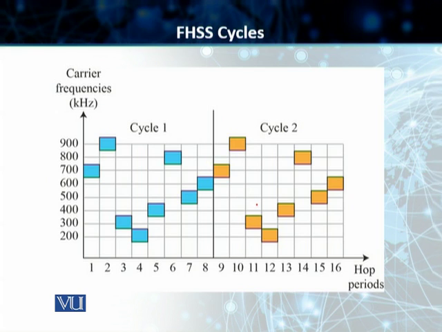So in one cycle, you have a hopping period 101, which corresponds to 900 kilohertz, and after 8 cycles, it repeats itself. And so we have multiple cycles corresponding to multiple hop periods in frequency hopping spread spectrum.